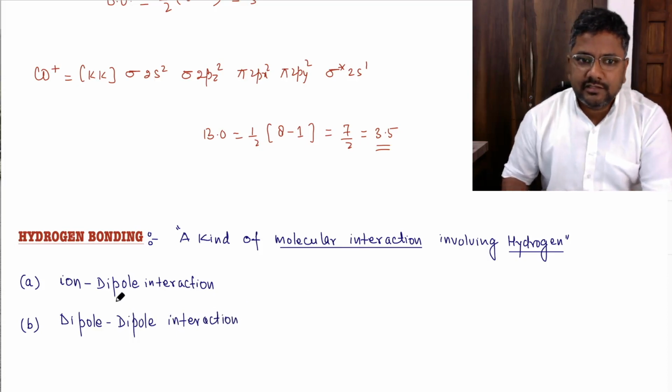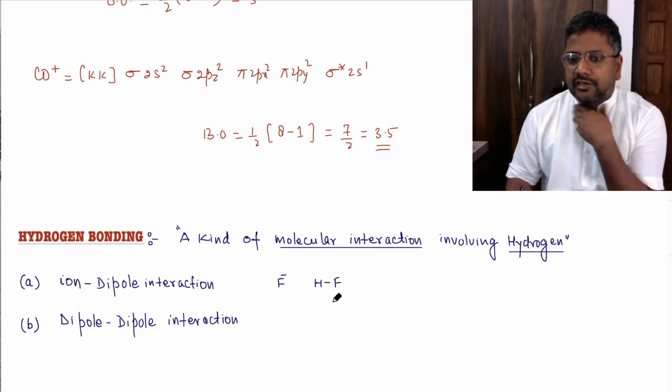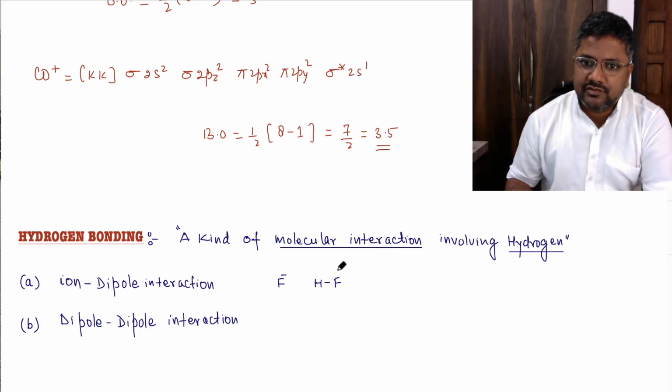So see, one example I am giving you. Suppose we have F minus, which is an ion, and an HF molecule, right? What is the polarity here? H positive and F minus.